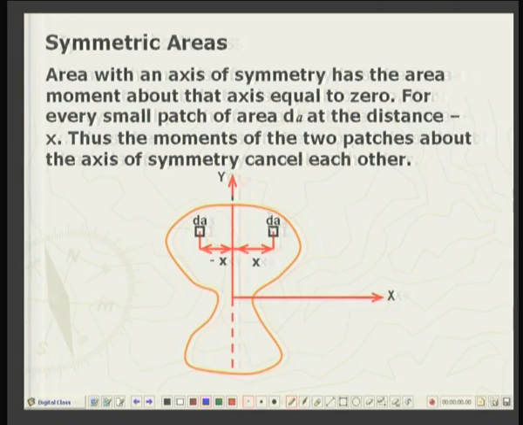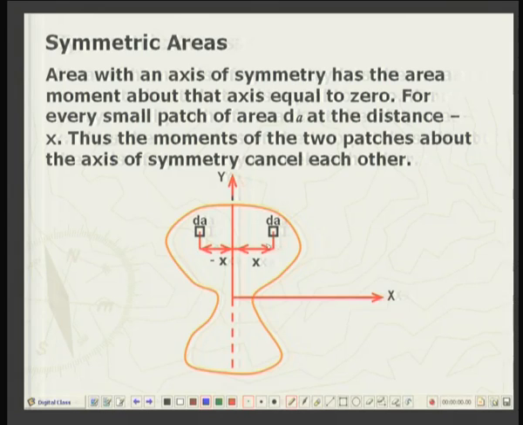If the distance of the right side area is x, then the distance of the left side area will be minus x from the same y axis. So, dA times x will cancel out dA times minus x, and that can be said for any other areas.